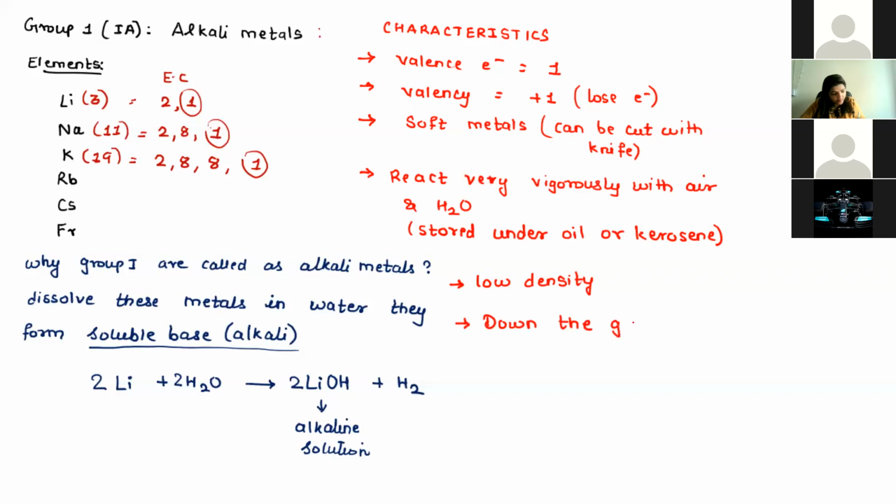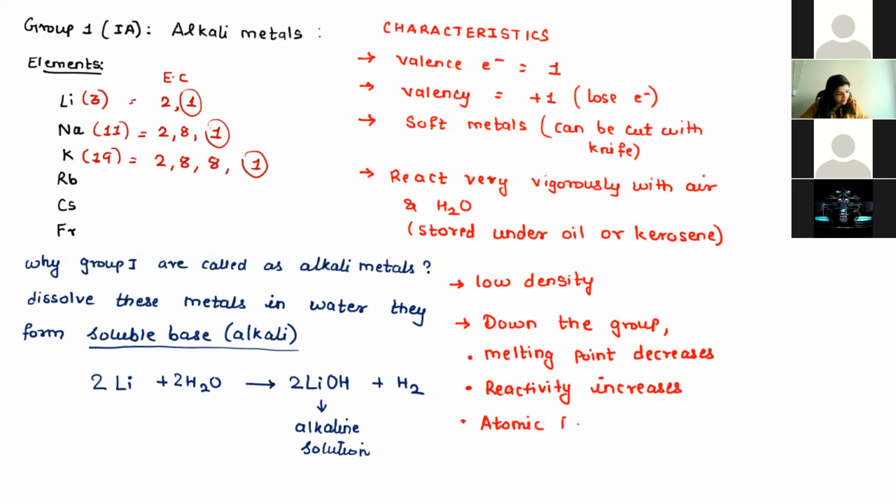Down the group, melting point decreases, but reactivity increases, and also atomic radius increases. Now, what is atomic radius, and why does reactivity increase?